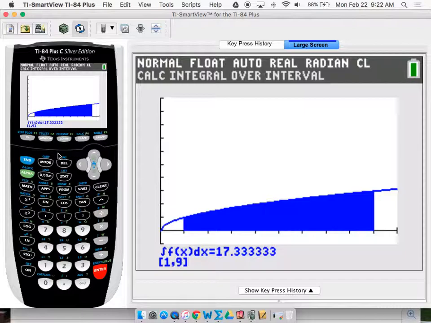So you can do it either way. So the square root of x in the y1. Yep.